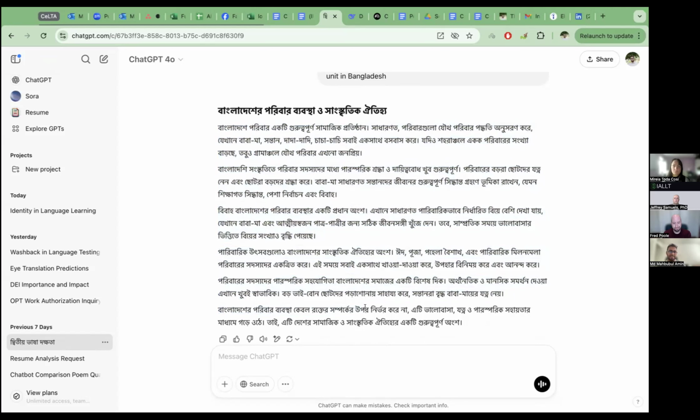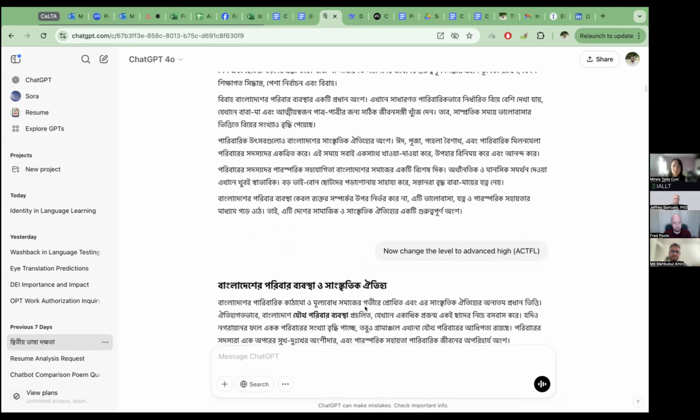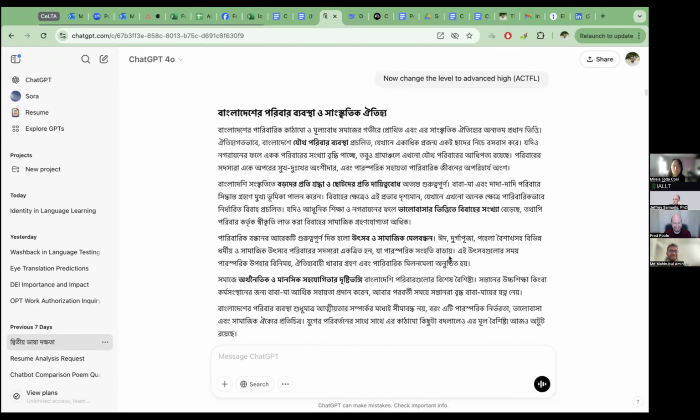Then I asked it to change the level to advanced high, but it did not do a pretty good job. It was maybe intermediate high or advanced low, but not advanced high. Maybe because my L1 is Bangla, that's why I could see that it did not do a good job, but it did do a good job with intermediate.